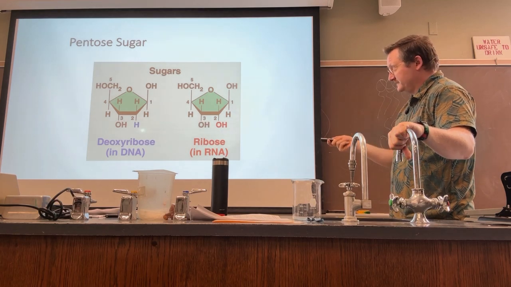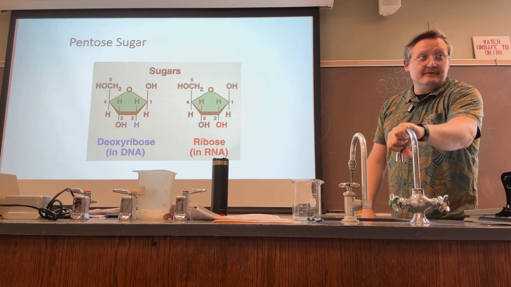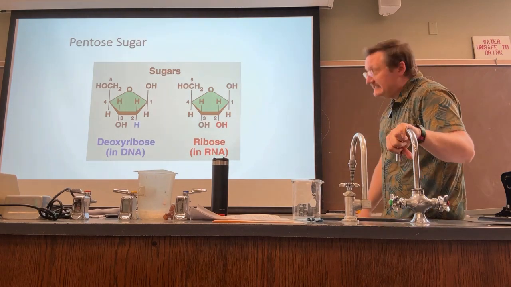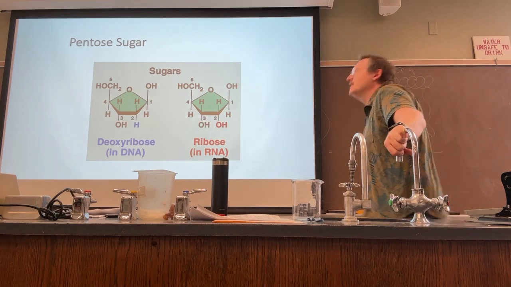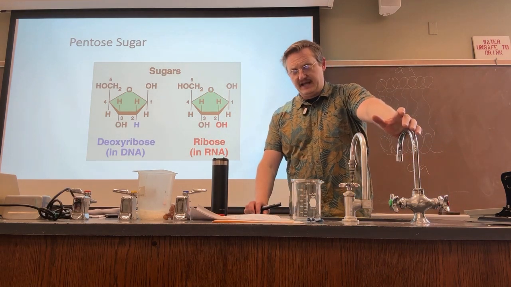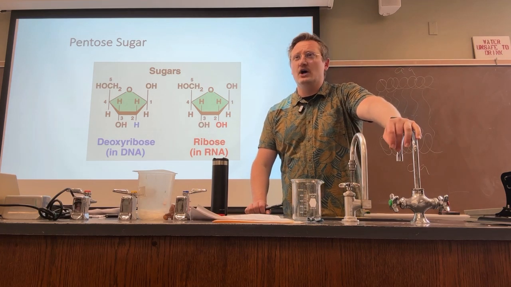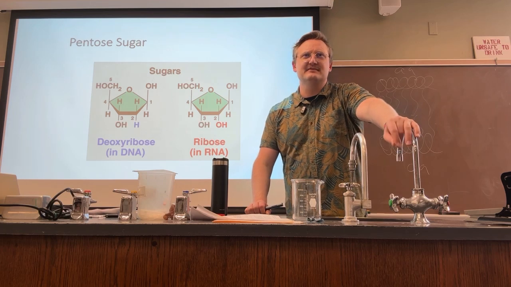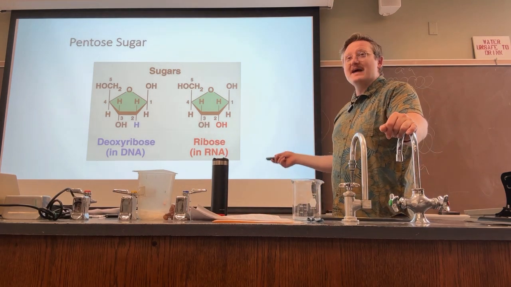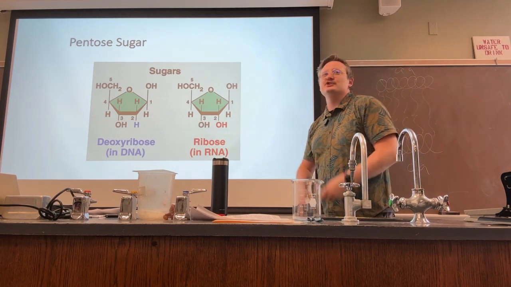Pentose sugar. There's a 5-carbon sugar, a pentose, in every nucleotide. Now, DNA and RNA are a little different from one another. DNA, or deoxyribonucleic acid, is different from RNA, or ribonucleic acid, and one of the most obvious ways is in the sugar.